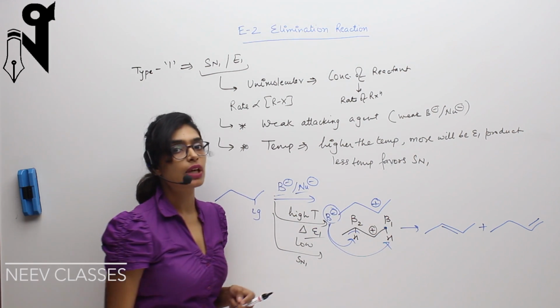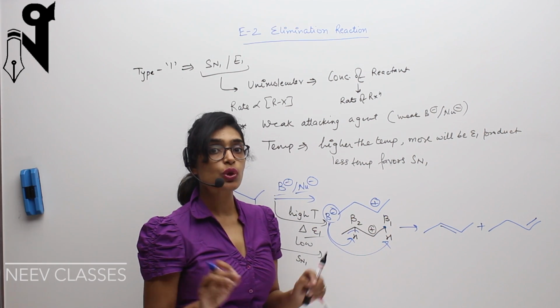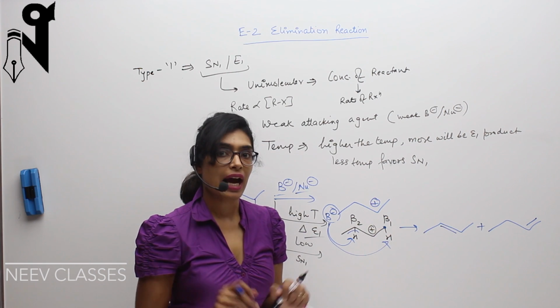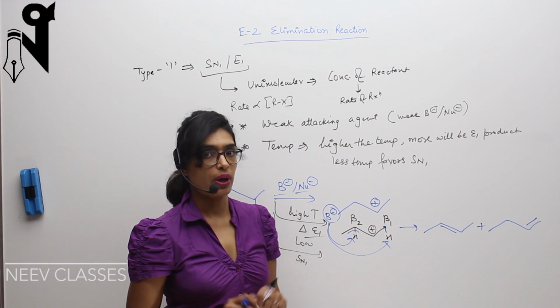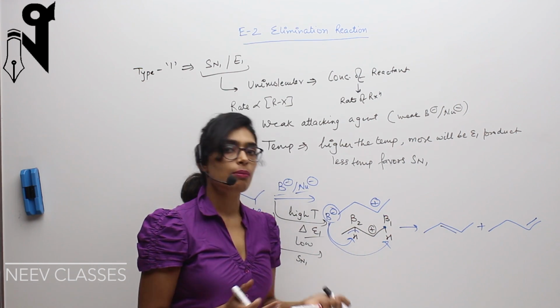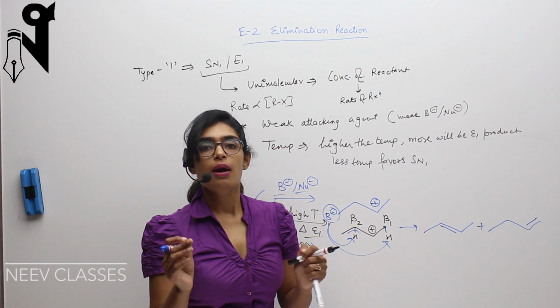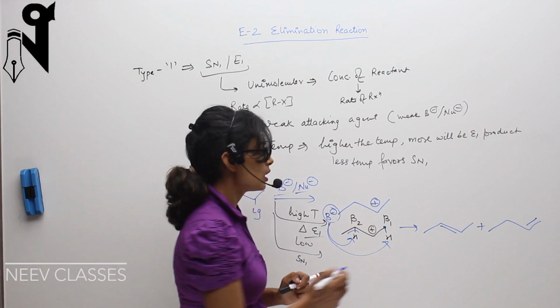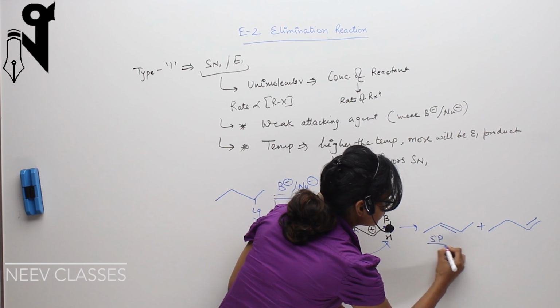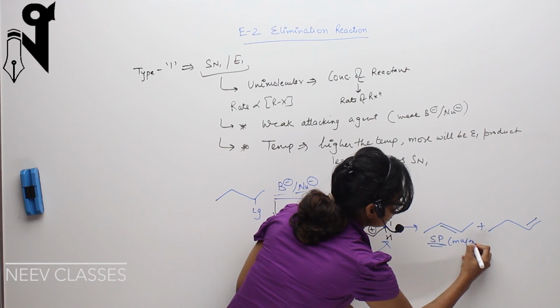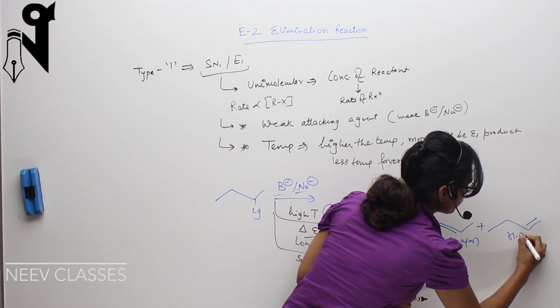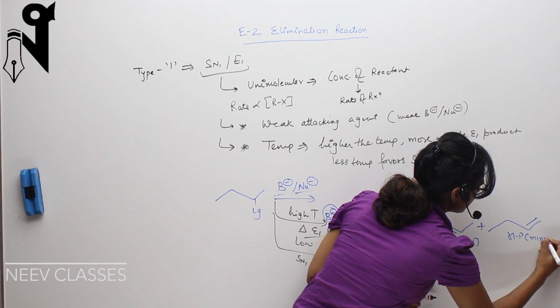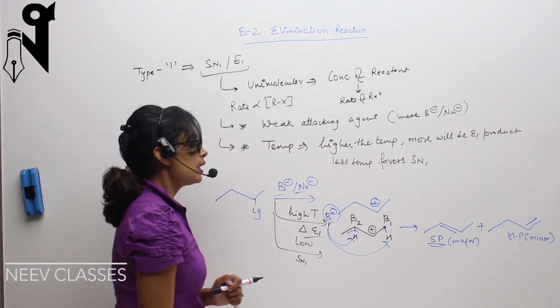Beta 2 is the more alkylated beta carbon, and hence it will give you the Saytzeff product which we expect, and that will be the more stable product also. An alkene which is more alkylated is always more stable because it is capable of forming more hyperconjugating structures. So this is my Saytzeff product which is major, and this is my Hofmann product which is minor. We have already discussed this in much more detail.